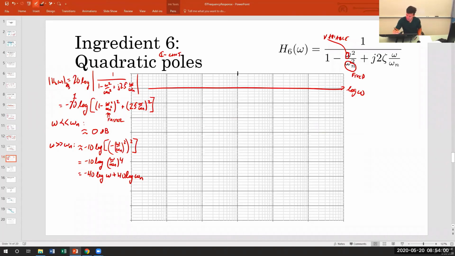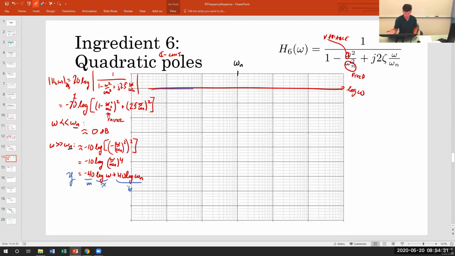So let's say that omega n is the relevant anchor point here. Everything is with respect to omega n. So let's sketch in our low frequency asymptote. And then let's sketch in our high frequency asymptote. So this is again y equals mx plus b. And when omega equals omega n, this thing has an x-intercept.